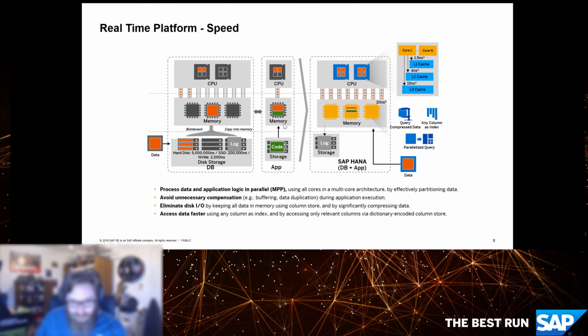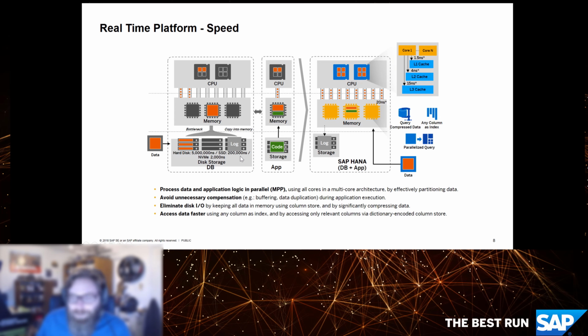CPUs are faster, memory is faster, disk is faster. We see with the advent of NVMe disk storage, 2,000 nanoseconds as opposed to SSD 200,000 nanoseconds access time, as opposed to spinning old style magnetic disk hard drives 5 million nanoseconds.